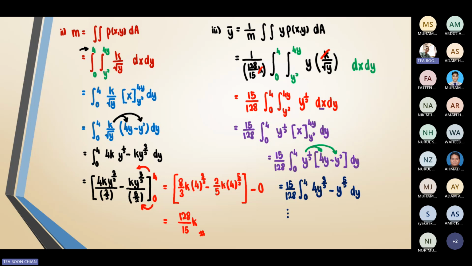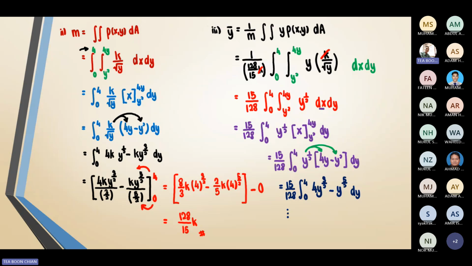Now, I just want to convince you and clarify further: in the mass of lamina, basically the solution is not really that challenging. All right, if you look carefully, we are just setting up the double integral and performing integration with respect to xy, yx, or r dr d theta. The only thing you may find challenging in the mass of lamina is the working process of finding the integration.